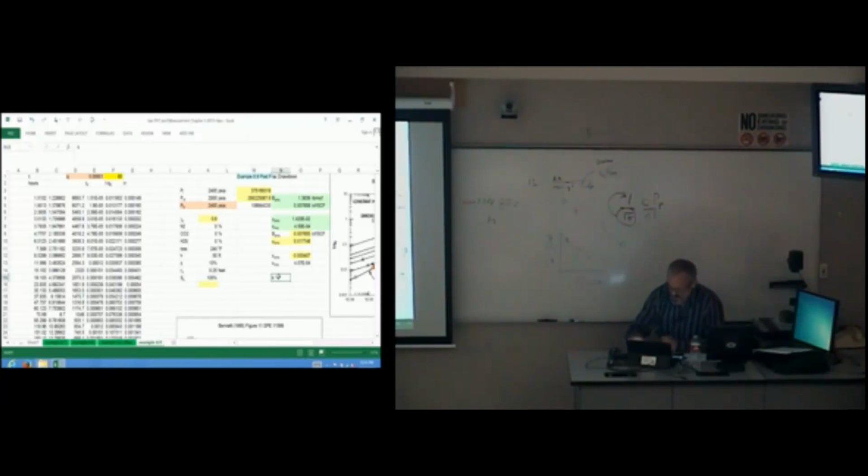K, permeability, equals 80. That's what I got from my vertical match. You notice I've already got my pseudo pressures calculated up there. See where it says PI2400 and then highlighted in yellow? I got that.